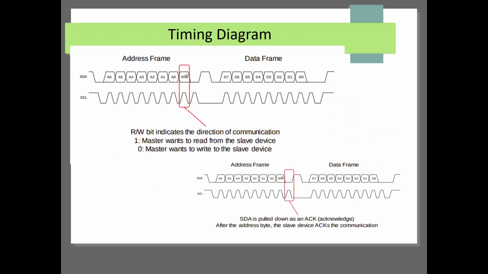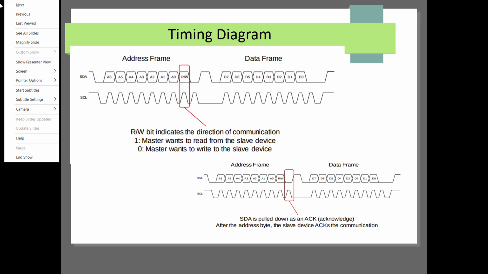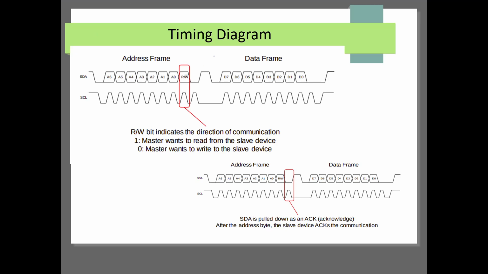So this is the timing diagram. Previously I told you about write equal to 1, that is doing the write operation, and then 0. See here, the read or write bit is a 0 pin, write bar, that is an active low pin. 1 means the master wants to read from the slave devices.